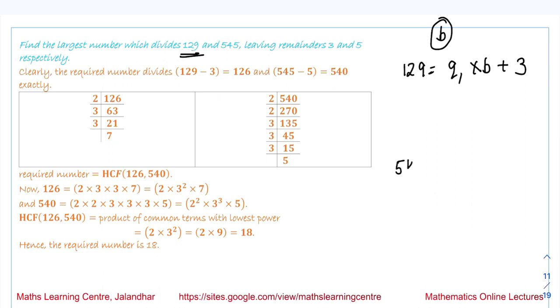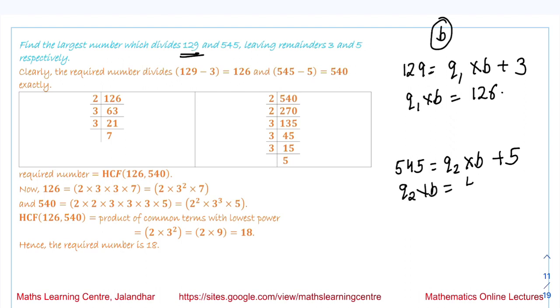For 545, the quotient is Q2 into B and the remainder is 5. So Q1 into B should be equal to 126, and Q2 into B should be equal to 540.